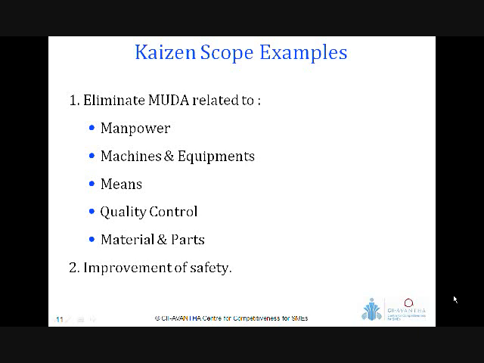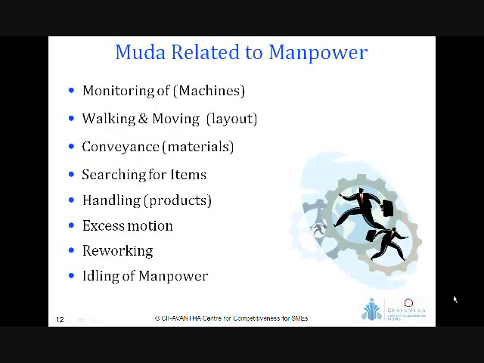Now, I'll share a few examples related to each category. So these are the areas where you can find Muda related to manpower, and you can do Kaizen to eliminate these Muri, Mura and Muda. For example, we can find Kaizen scope in monitoring of machine.